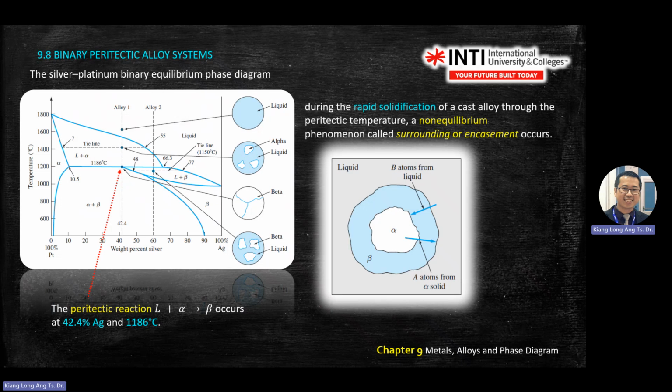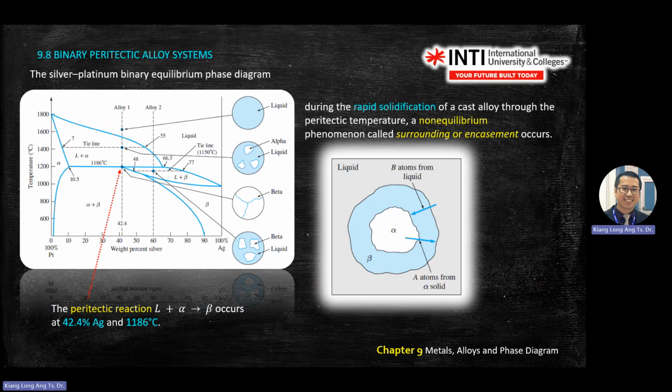During rapid solidification, meaning you rapidly cool down, you will form another layer through a peritectic temperature, a non-equilibrium phenomenon, where we will see this encapsulation or encasement happen, one layer surrounding. So there are two behaviors.